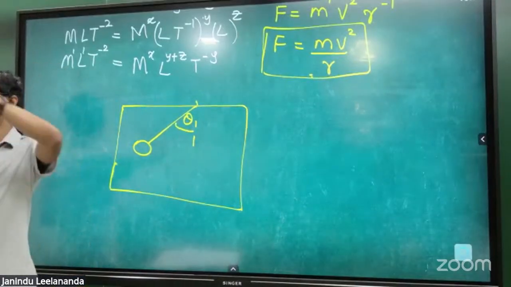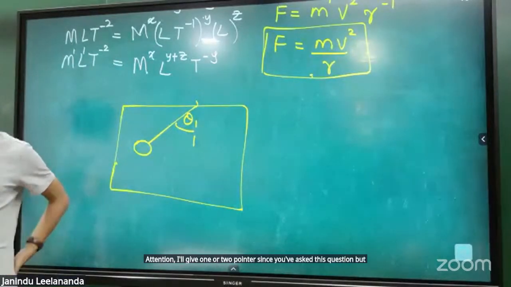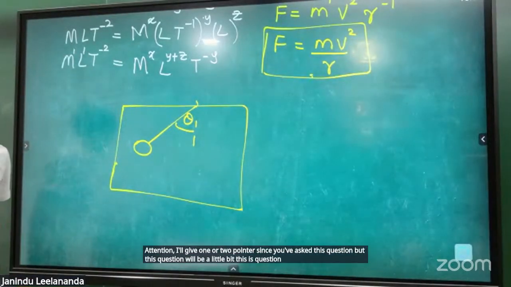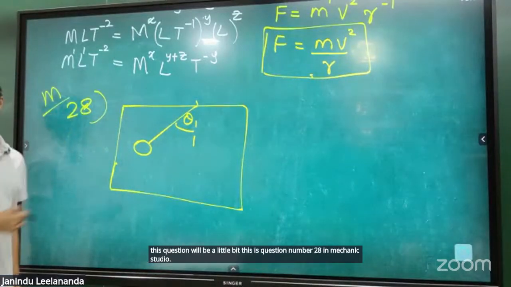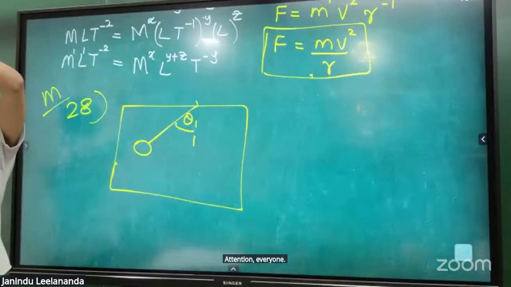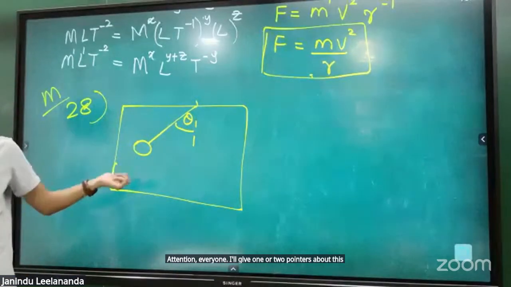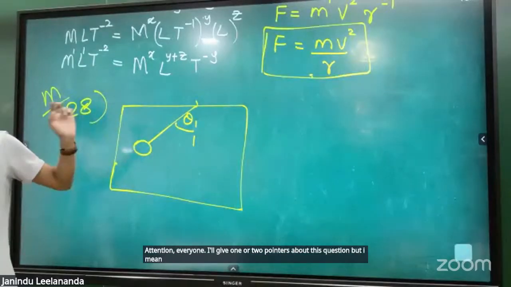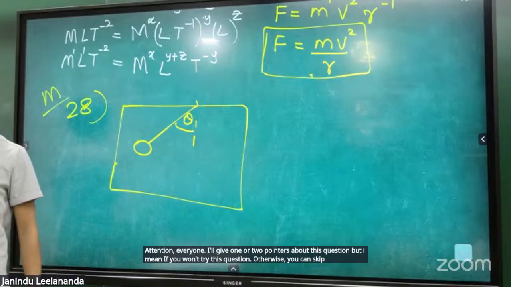Attention, I'll give one or two pointers since you've asked about this question. This is question number 28 in mechanics tube. You can try it, otherwise you can skip this question because you don't know how to resolve vectors.